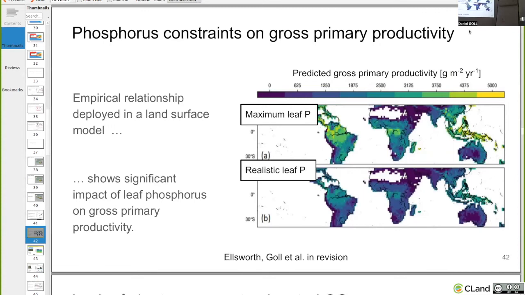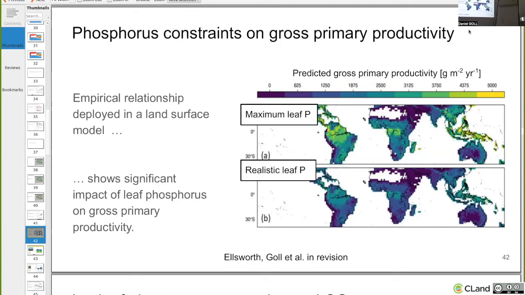We did two kinds of simulation, just to give a first-order estimate of the maximum effect of the suboptimal availability of phosphorus in the tropical zone. In one simulation we assumed that all plants in the tropics can put the maximum amount of phosphorus in their leaves possible, and one with realistic leaf phosphorus concentration.